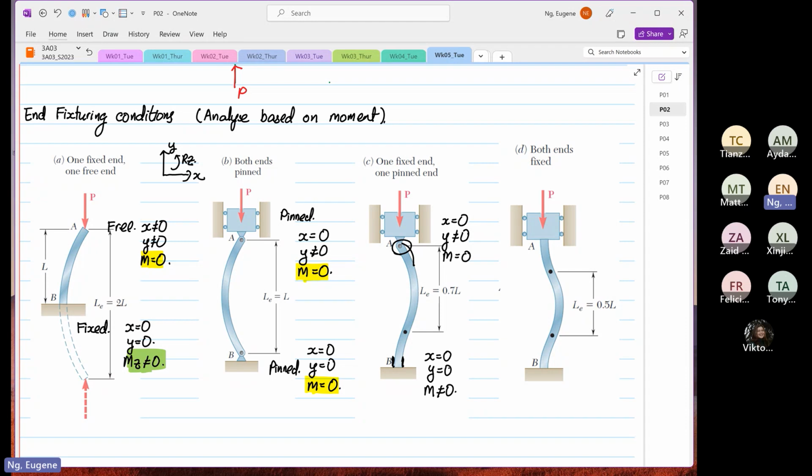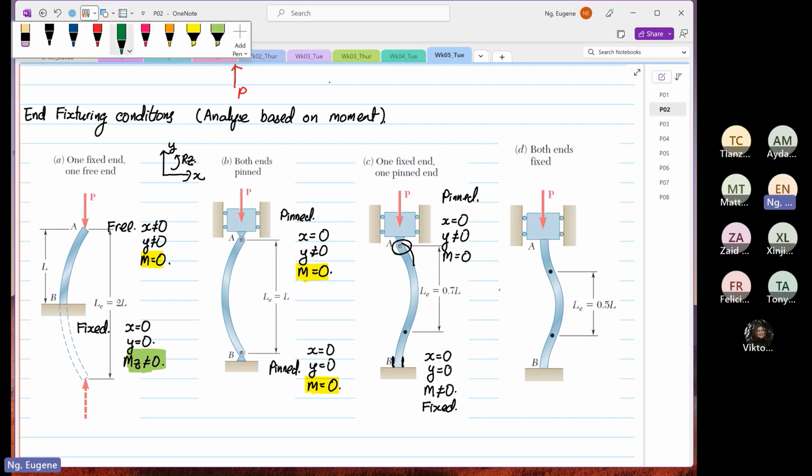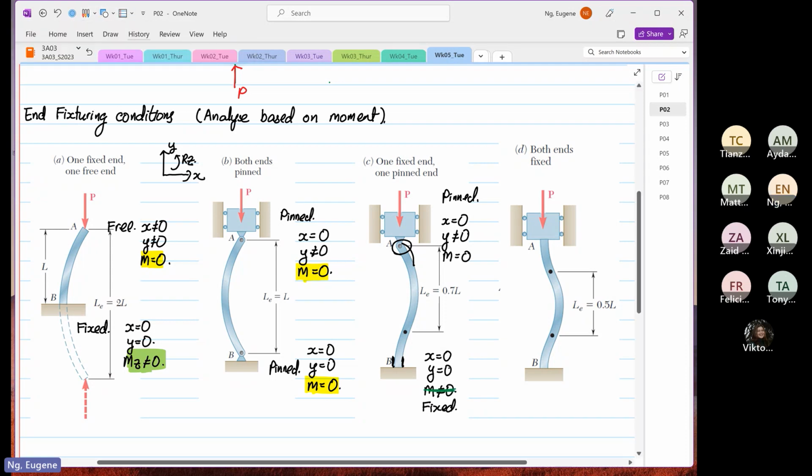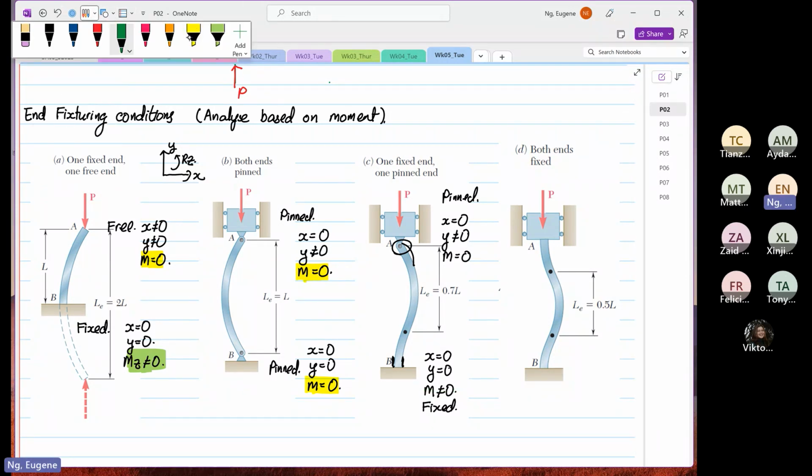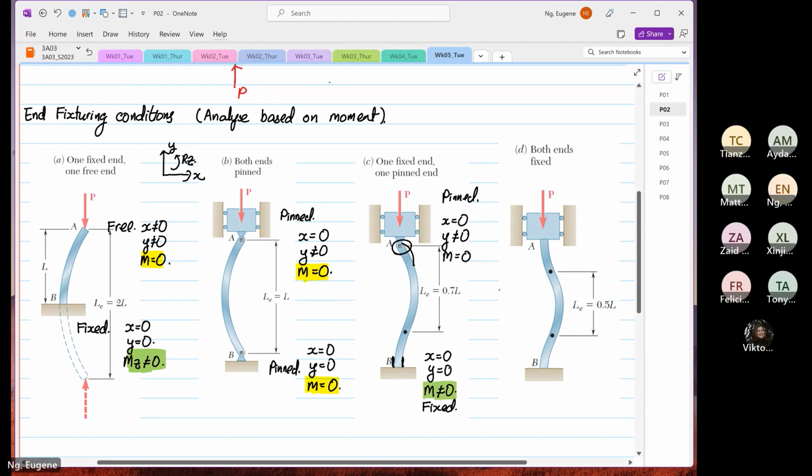So that's why this end is known as fixed, and this end is known as pinned. It's so clear cut that whenever moment is not equal to 0, we always classify as fixed. Another situation over here, where moment is not equal to 0, we always classify as fixed.